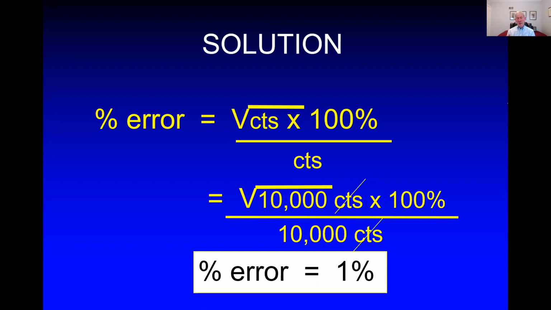You'll see shortly that as the count rate goes down, the percent error goes up pretty dramatically. And as the count rate goes up, the percent error goes down dramatically. So simply the square root of counts over counts times 100%.